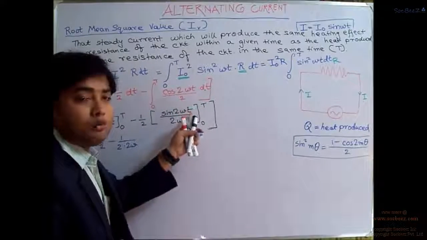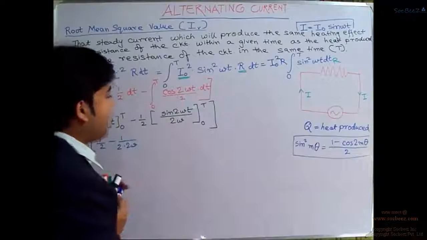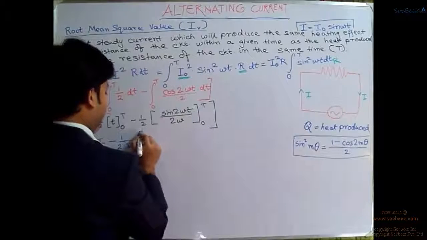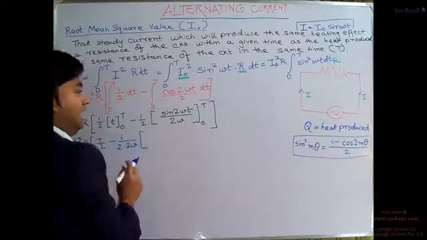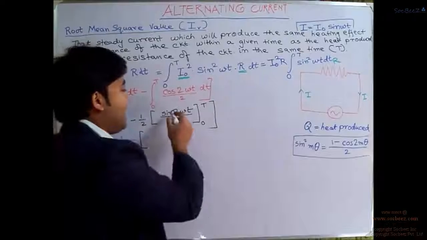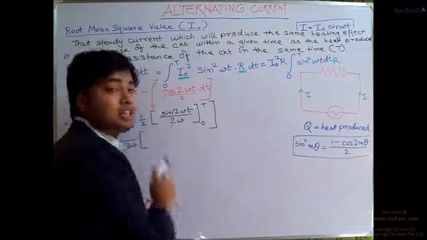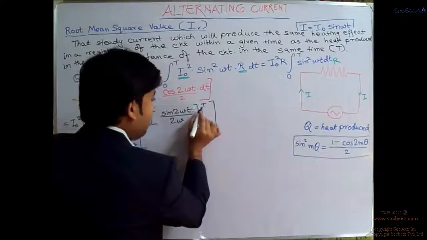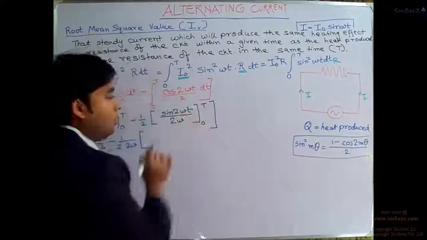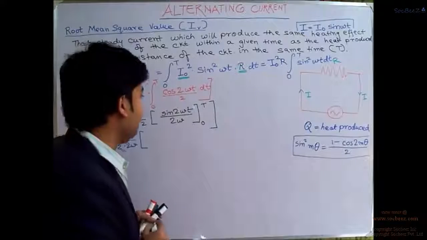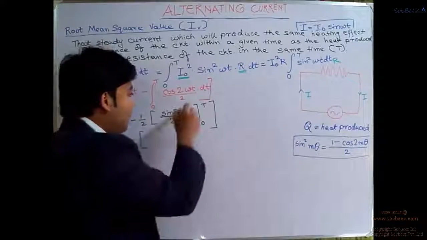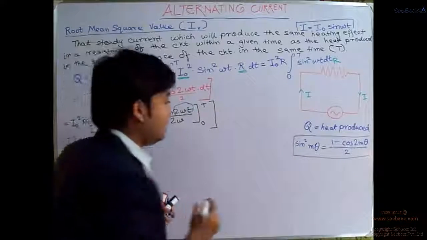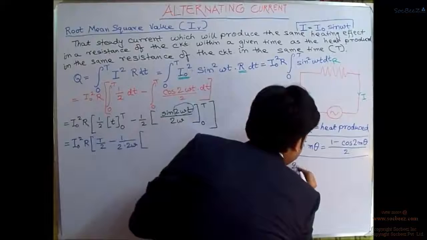For t equals 0, we will find that it is completely 0, so sine 0. And if we put capital T over here, what do we get? We first have to find the value of 2 omega t.